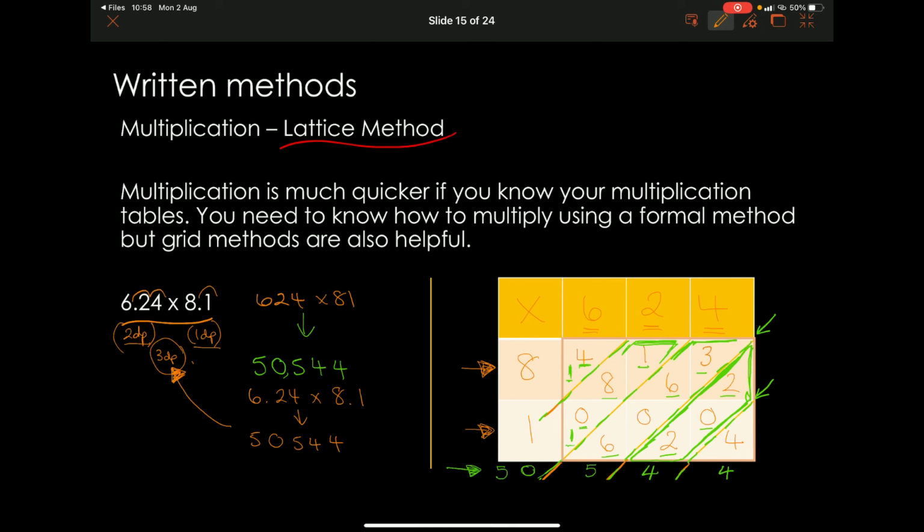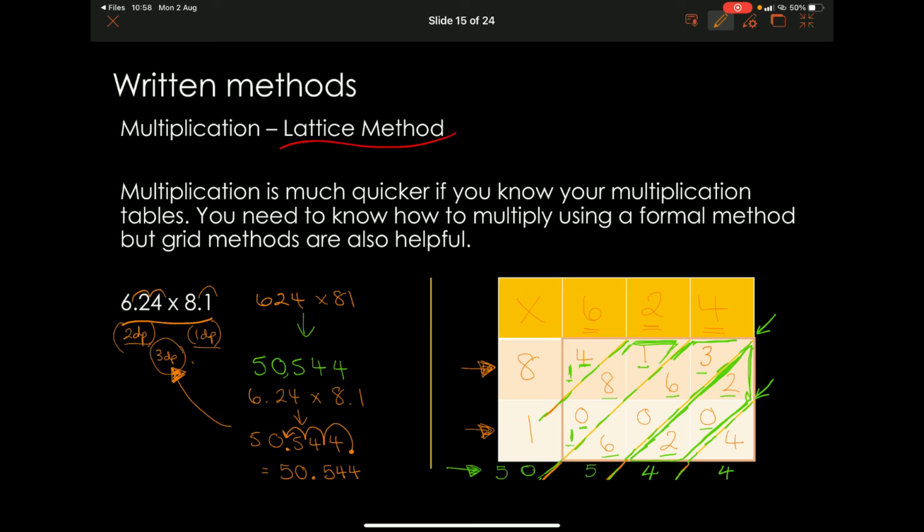We had to put it back 3 places because that's how many times we moved to take it out. So I'm going to start from the end of my number and go 1, 2, 3. So my decimal point would end up there. So my final answer is 50.544. And that's it for the decimal.